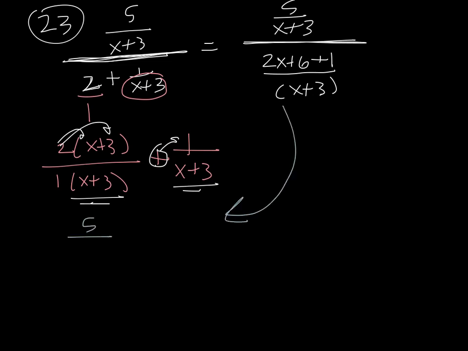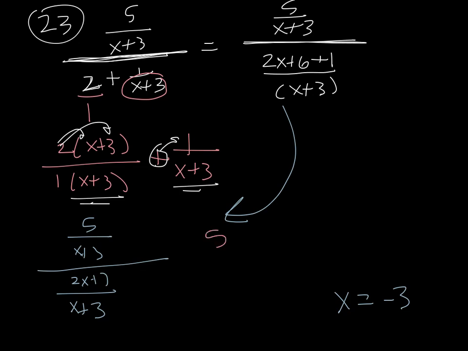I have the 5 over x plus 3 divided by, on top of this fraction I have 2x plus 7, because I combined my 6 and my 1, over x plus 3. So now when I look at my domain restrictions, this is on the bottom of the fraction, and this one's on the bottom of the fraction. So I'm going to write this over here. So far, I just have x cannot equal negative 3.